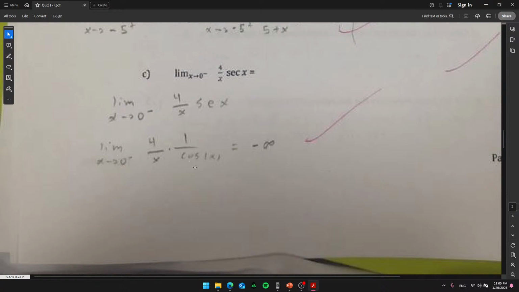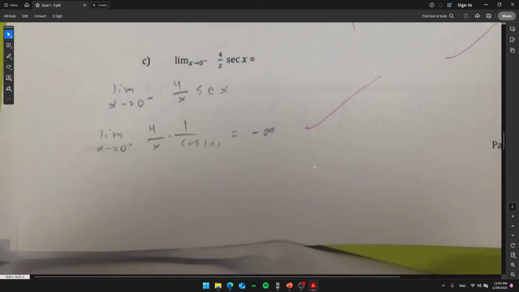This 0 from the left is 1. So 1 times -infinity. Okay, makes sense.